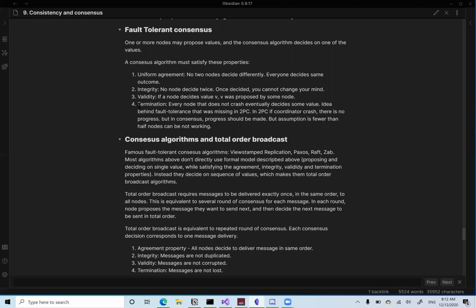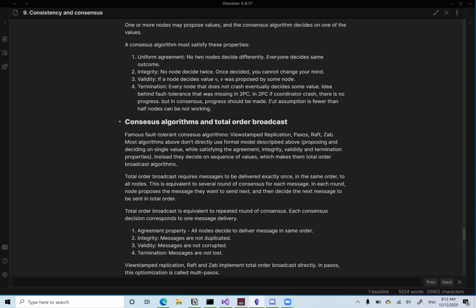And the fourth property is termination: everyone, if they have not crashed, like if they are not sleeping or something, will respond back and give their vote. They cannot say that we will not vote, right? So every node that has not crashed eventually decides some value. The thing here is how it is different from two-phase commit. In two-phase commit, we wait for all of the nodes to reply yes, and then we can commit this log.